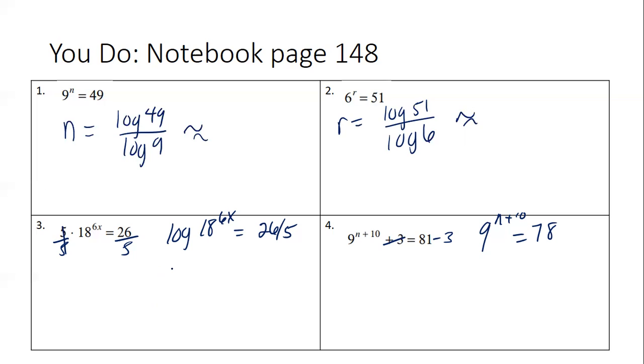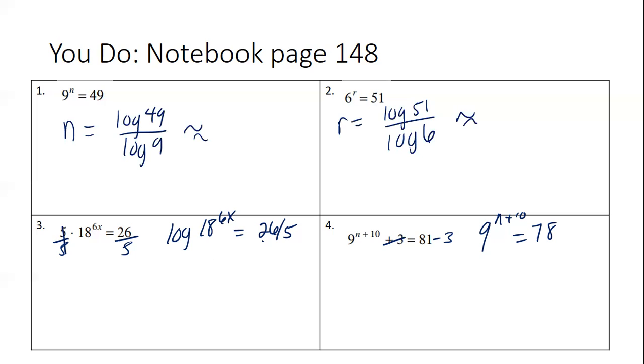Now, on the third one, notice that step 1 is to make sure that you have one term equal to one term. Well, I had 5 times 18 to the power equals 26/5. So the 18, the power wasn't by itself, so we had to divide by 5, and that's where you end up here.